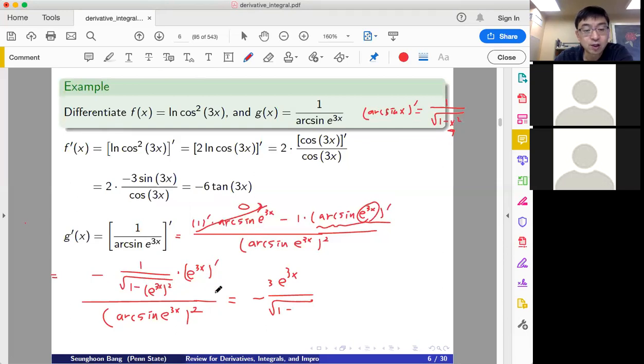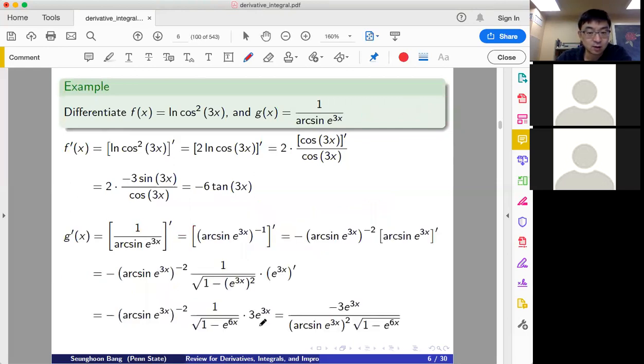The 3x times 2 is 6x, e to the 6x, times the reciprocal of the denominator, 1 over the arcsine of e to the 3x, whole squared. So like this. Okay, this is the answer of this question.